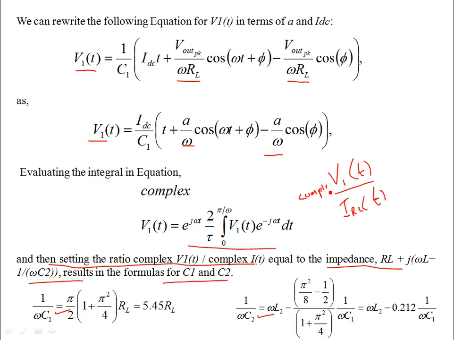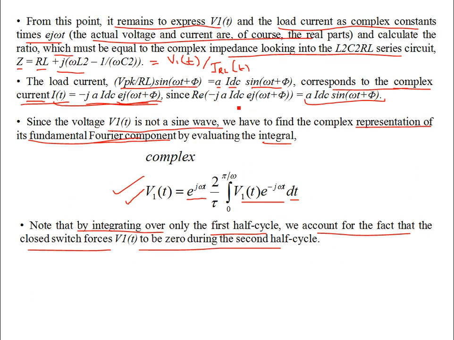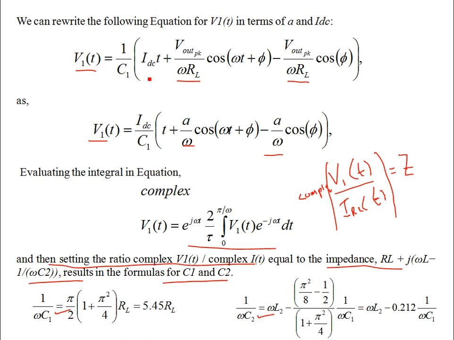Well, the right hand side is nothing but the impedance of the series RLC circuit Z. If you compare this with Z, in Z you have C2 and L2, and you have C1 in V1.